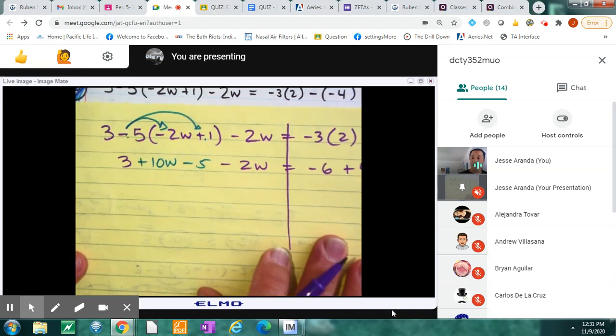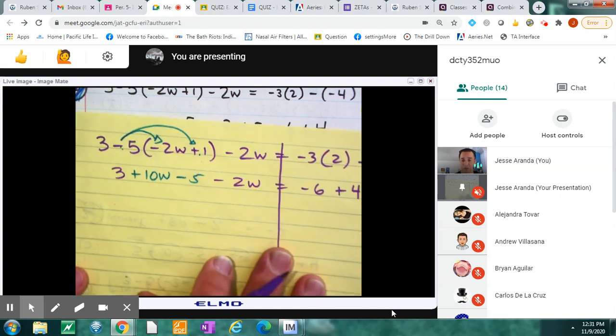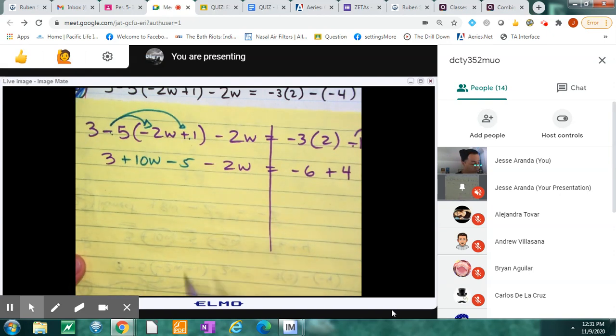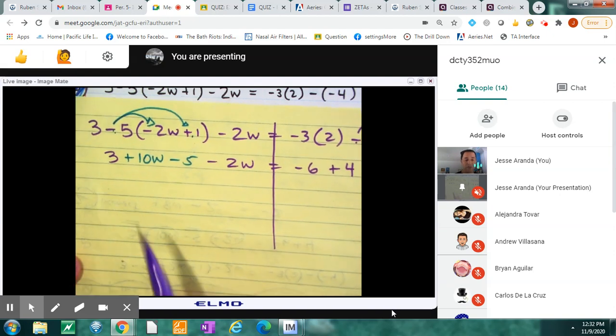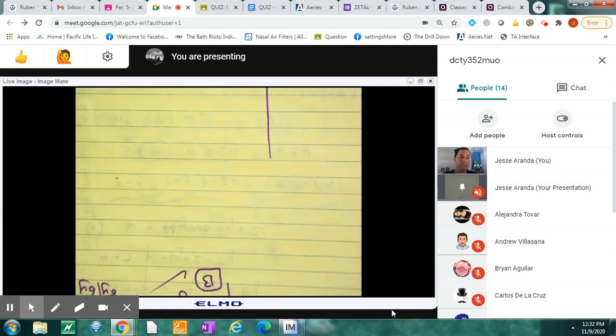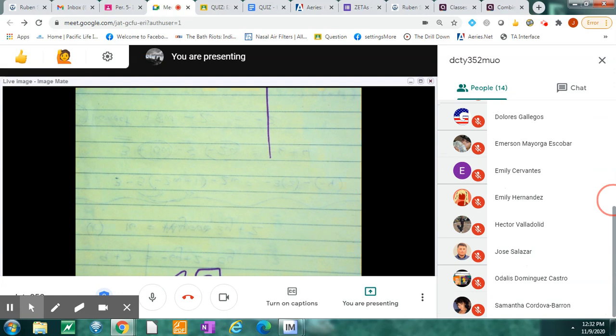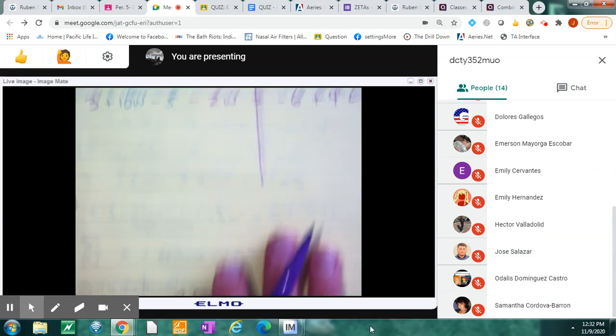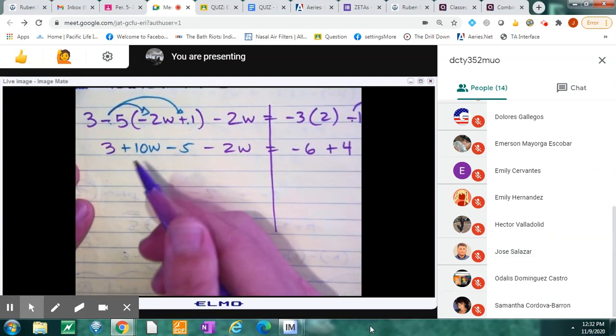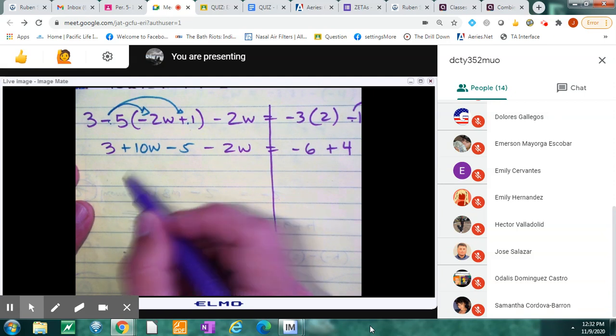So now the next one, we're going to go ahead and do step 2. Okay? So step 2 is what? Combine like terms. Okay? So when we combine like terms, what am I going to combine on the left side? Emerson. Emerson, what are we going to combine on the left side? Right here.